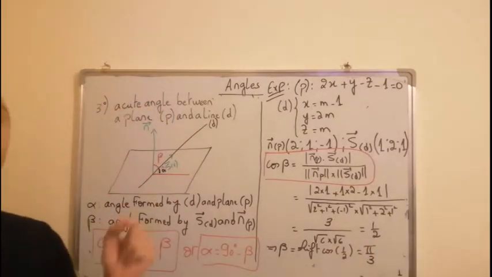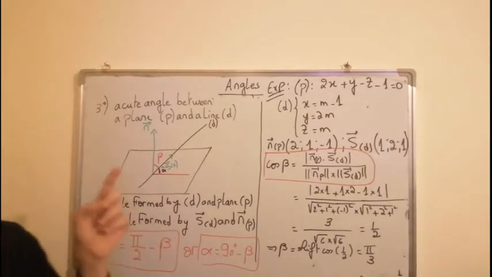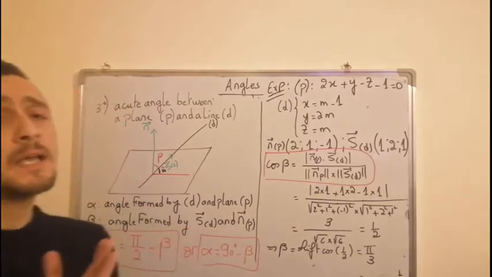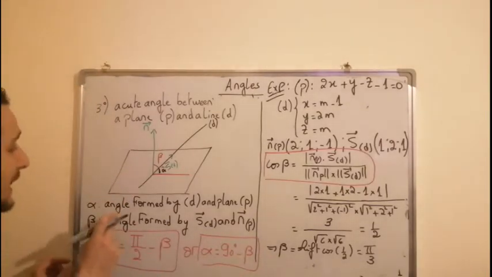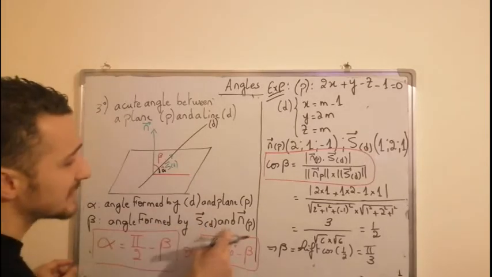Whoever thinks that this is how we find the acute angle between the line and the plane is wrong, for a simple reason. Beta represents the angle formed by SD and NP.